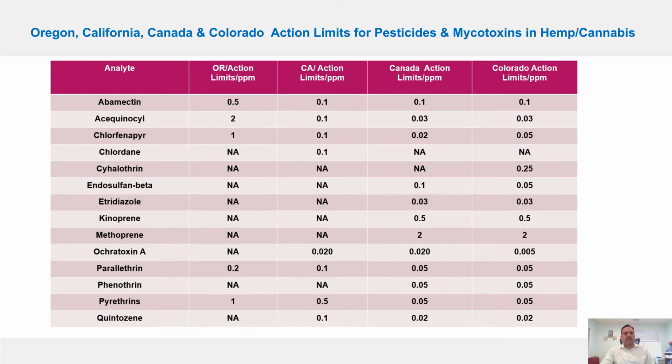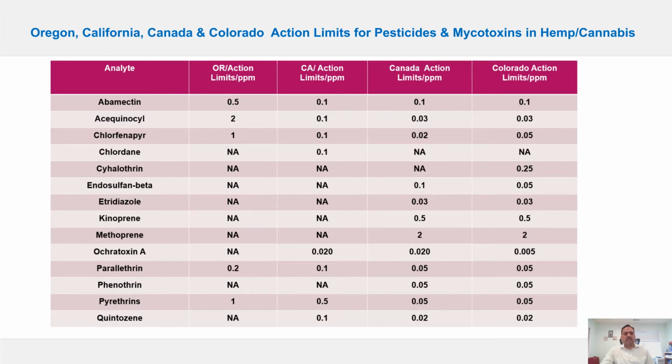Even for the same pesticide, the action limits are very different in different US states and Canada. For example, for acequinocyl, the action limit in Oregon state is 2 ppm, 0.1 ppm in California state, and 0.03 ppm in Colorado and Canada.